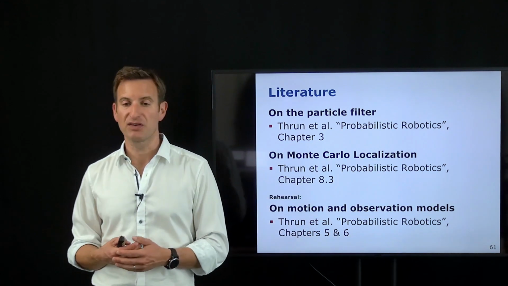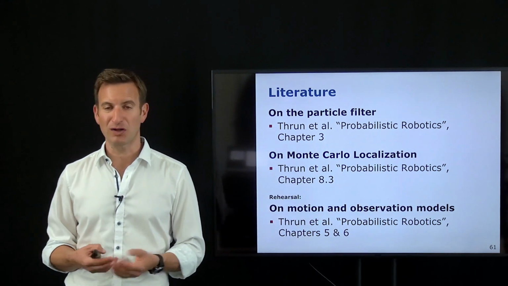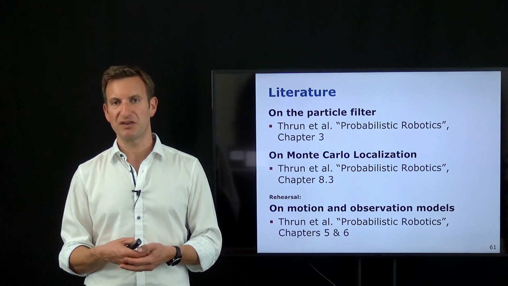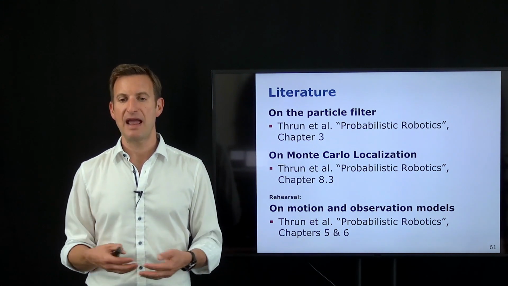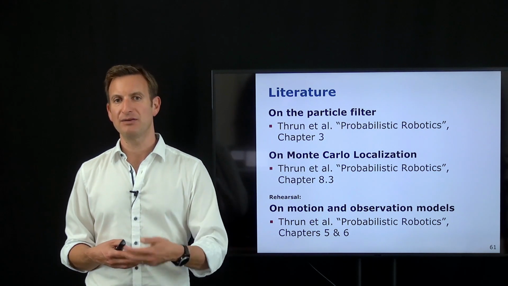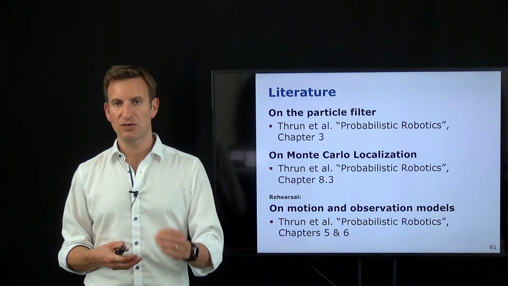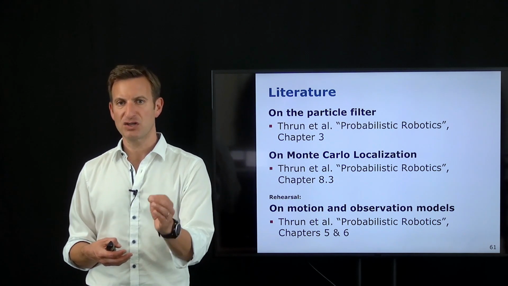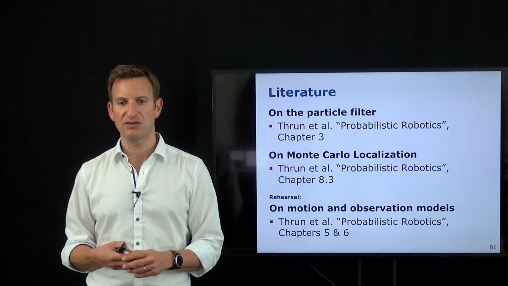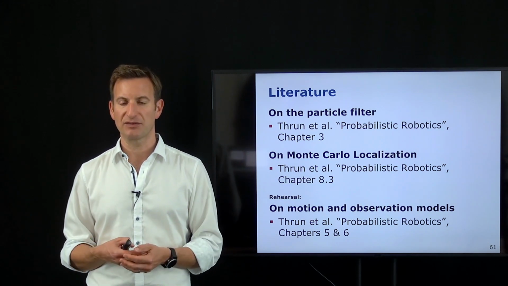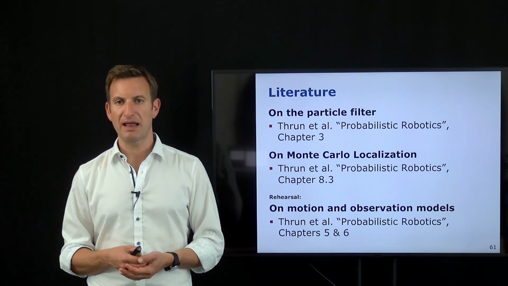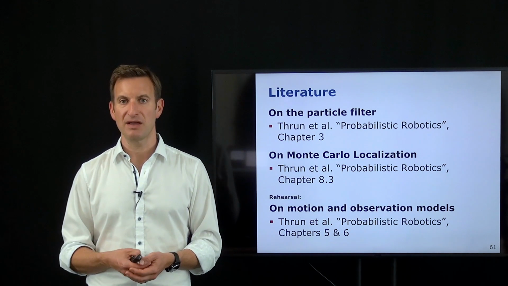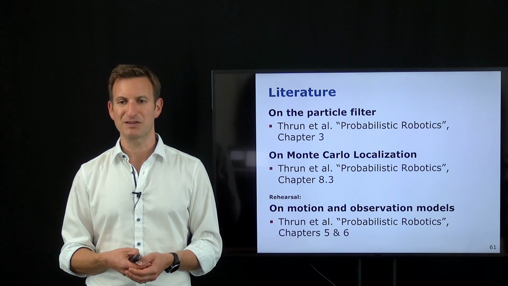So you need to rehearse chapters 4 and 5 if you forgot about that, because you will need a way to describe the motion in a probabilistic sense and sample from that model, and you will need to be able to evaluate your observation model pointwise, so estimate for a certain location what is the likelihood of obtaining the observation that I got given that I'm at that place, which is what the observation model does. If you put all that together and apply the standard Monte Carlo localization algorithm, then you can estimate and track the position of your platform over time.